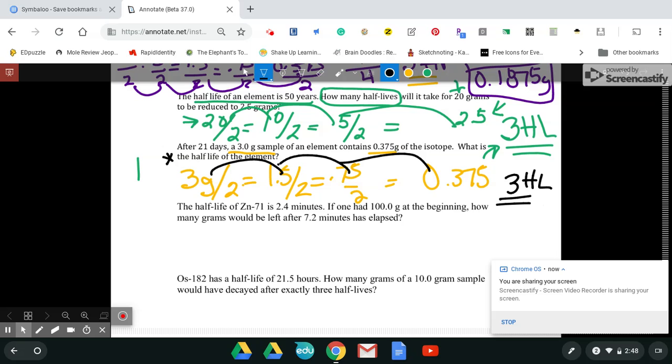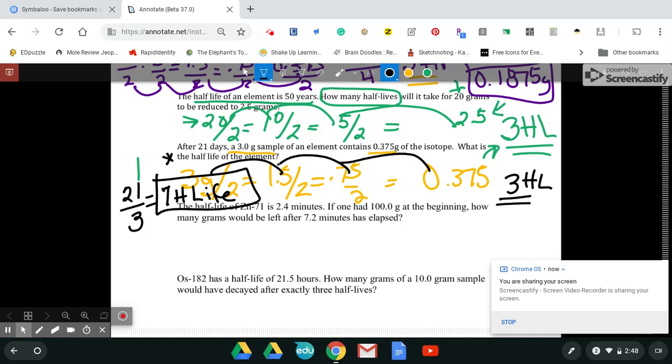So here's how you figure out the actual half-life. This whole decay process took 21 days, which is 3 half-lives. So divide 21 by 3. The half-life of this particular element is 7 days.